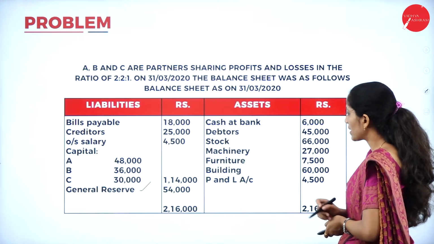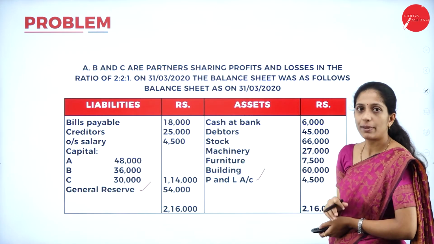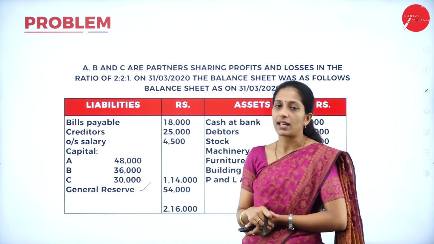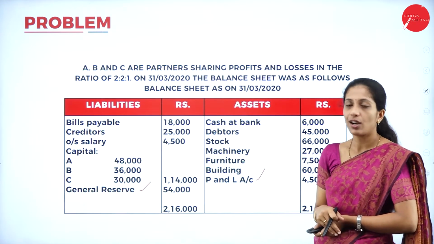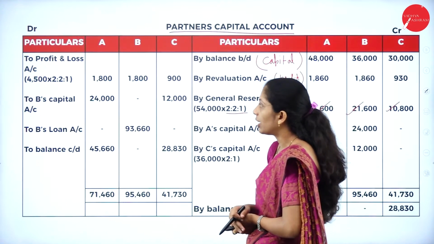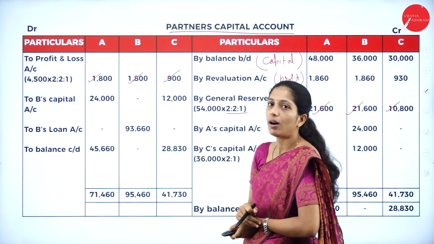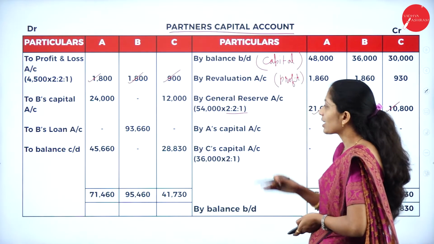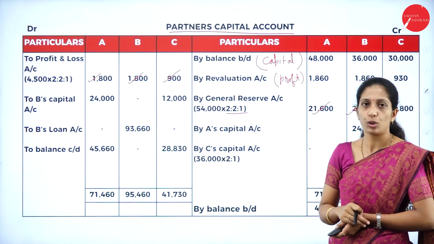Next, see your balance sheet once again. Here we have profit and loss account. This profit and loss account will be transferred to the debit side of partners capital account, and it has to be transferred to all the partners in the old ratio. Next, you have to go through the treatment of goodwill, right?